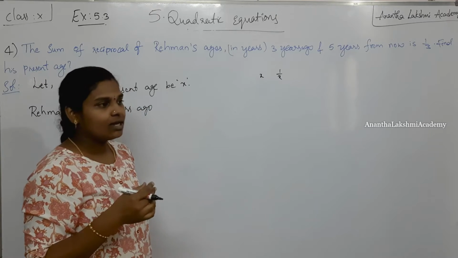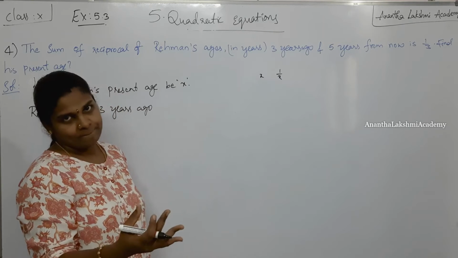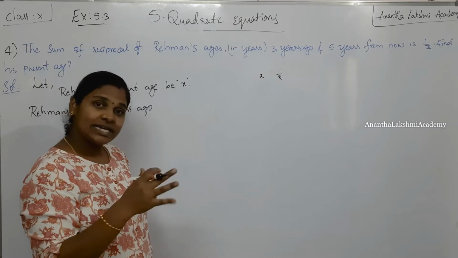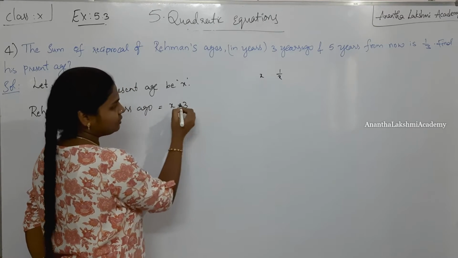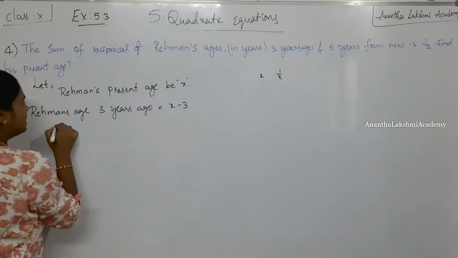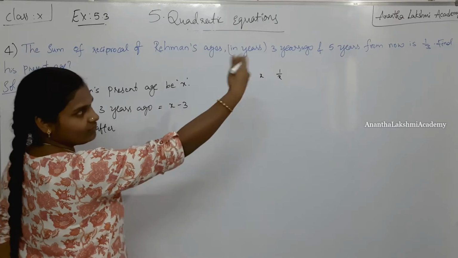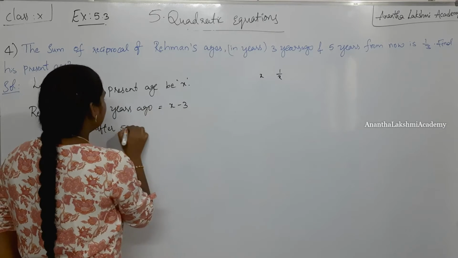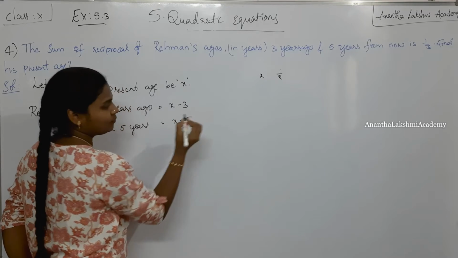Say for suppose some person's age is 30 now. What happens to his age before 3 years? That is nothing but 30 minus 3, which is nothing but x minus 3. Same way, Rahman's age 5 years from now, after 5 years, is going to be x plus 5.